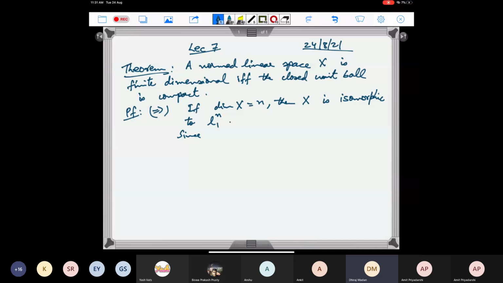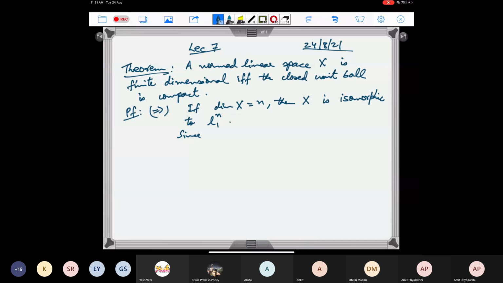Okay. So what I said is that we know that X is isomorphic to L1 of n, which means that there is a one-one onto linear map T from X to L1 of n such that T is continuous and T inverse is also continuous, right?